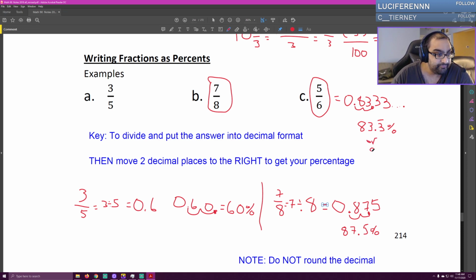Or you can also put it as 83.33%, as was stated in the chat. That's perfectly fine. The reason why I want to point that out is you just need to be a little bit careful, as you guys have seen many times before on the homework, they may ask you to round to 2 decimal places. So just read that little blue text there just to see how many decimal places they want you to round.